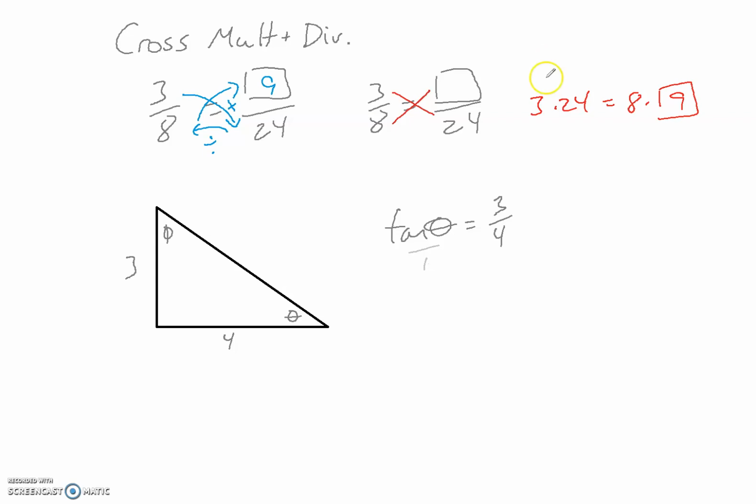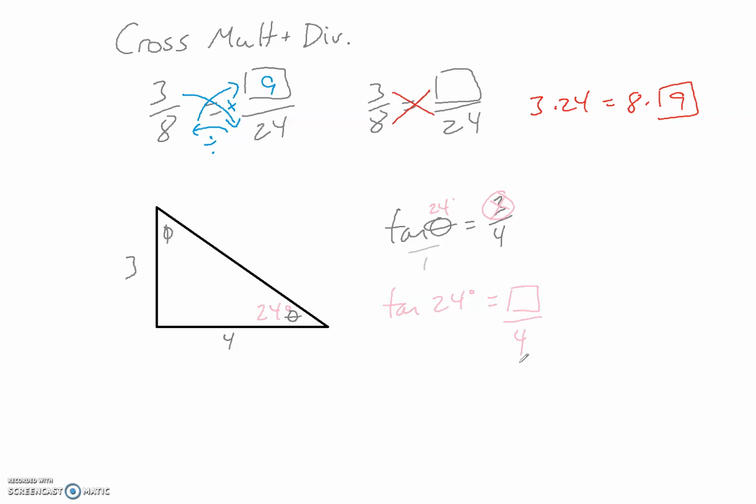For example, what if you didn't know the 3? Maybe you knew the angle, but you didn't know 3. Maybe this was 24 degrees, and you wanted to solve for the 3. So maybe it was tan 24 is equal to something you don't know divided by 4.